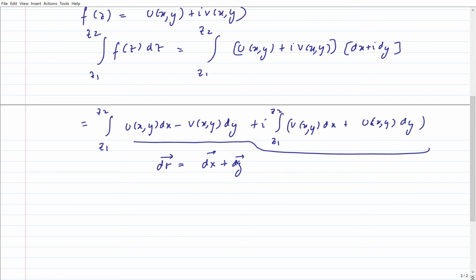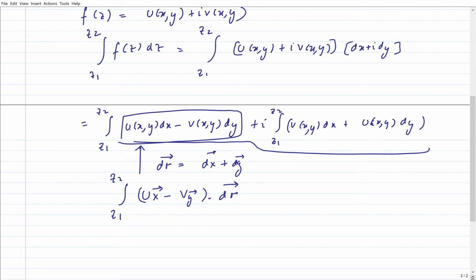Well, I can rephrase this and write this as the integral from z1 to z2 of u, not u(x, y), in the direction of the unit vector x, minus v in the direction of the unit vector y, times dr. That is exactly this particular function.